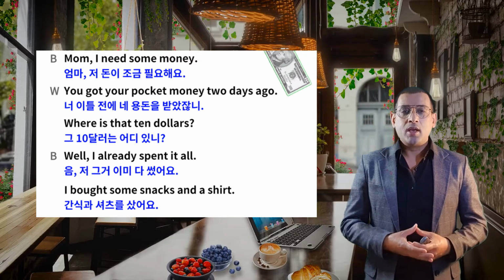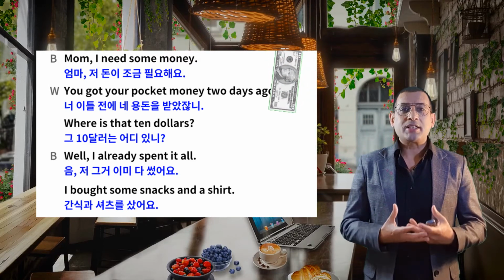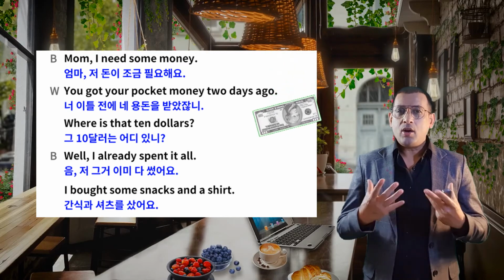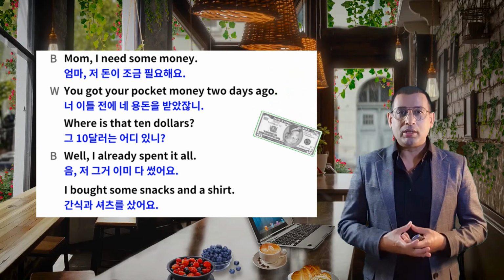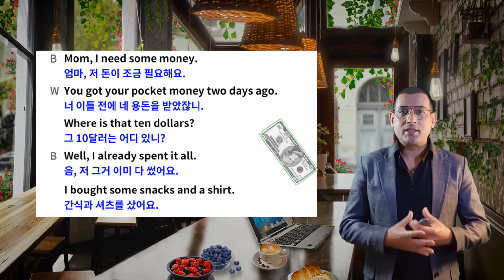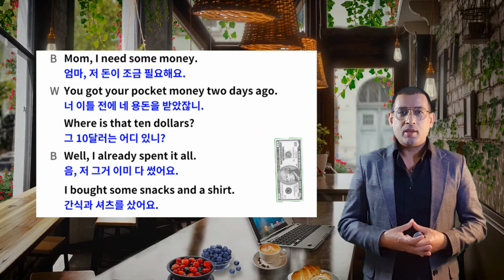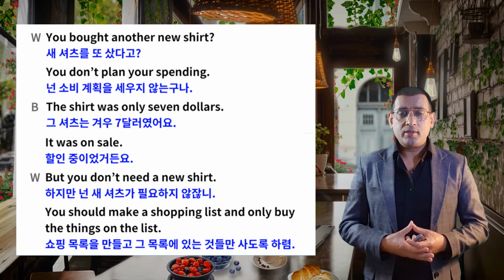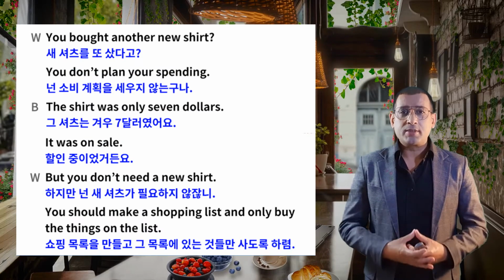And Mom says, where is that $10? And the boy says, well, I already spent it all. I bought some snacks and a shirt. And Mom says, you bought another new shirt? You don't plan your spending.